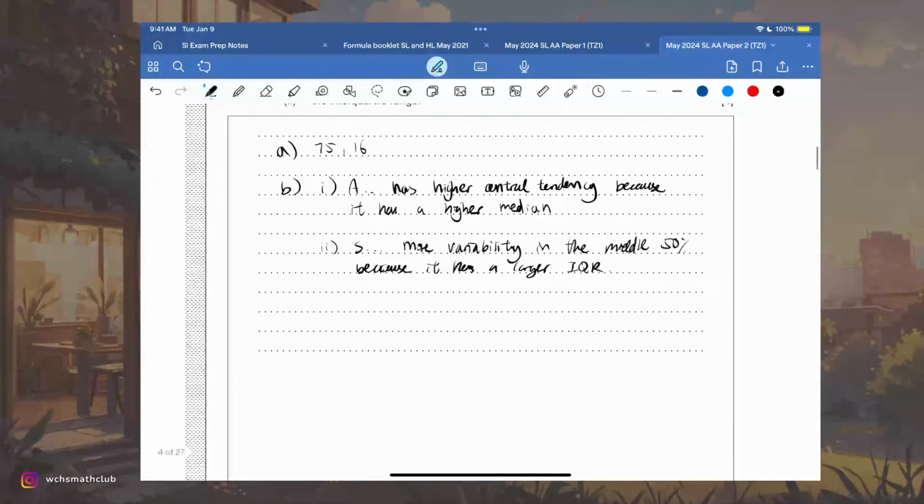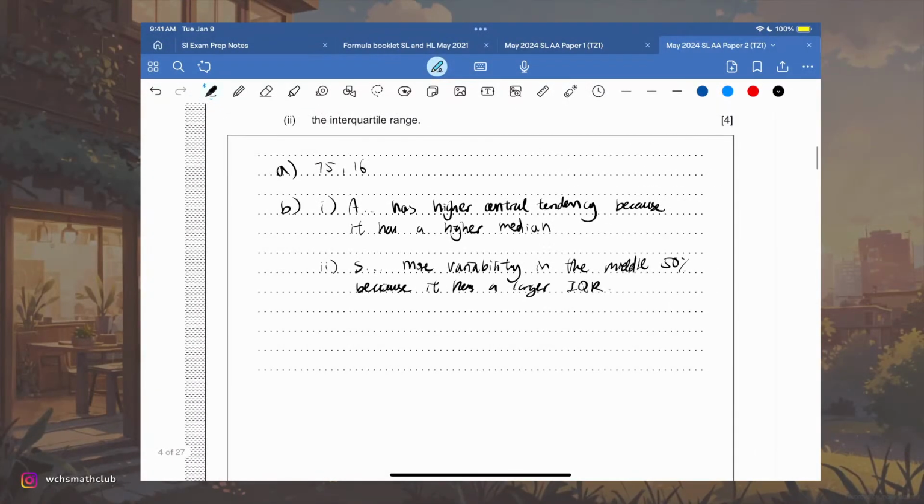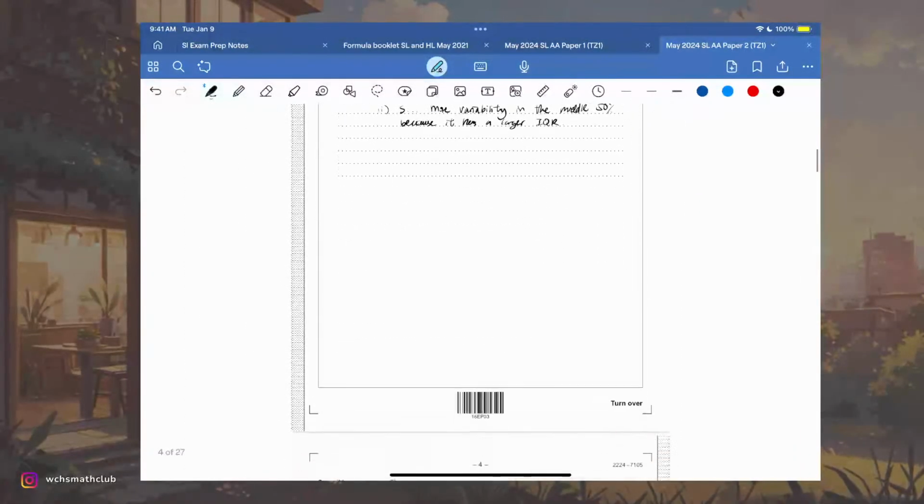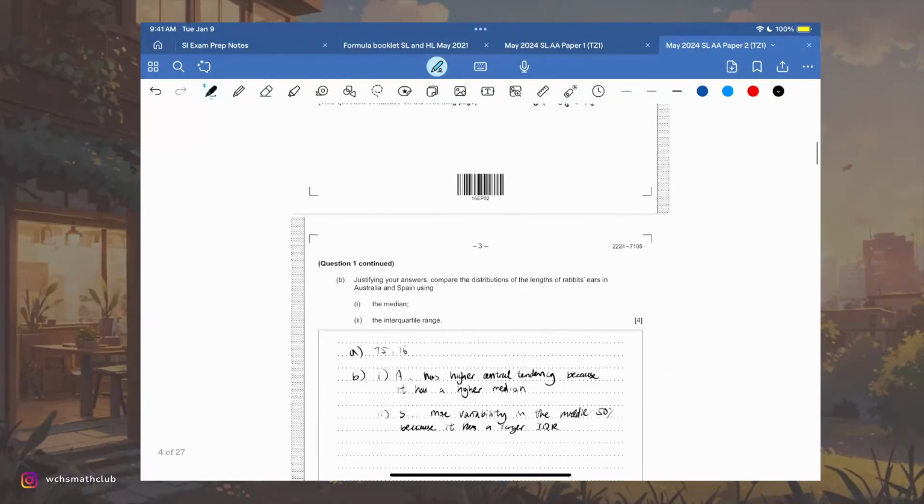And that's all you need to justify for part B: 2 marks for (i) and 2 marks for (ii). Okay, that's it for the first question, just parts A and B.